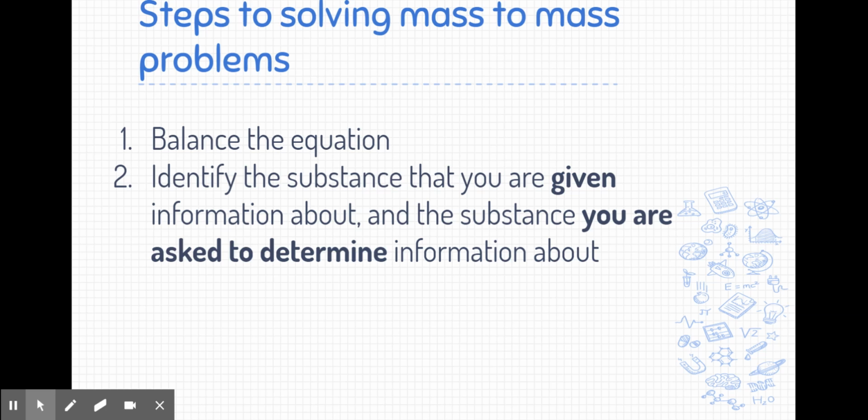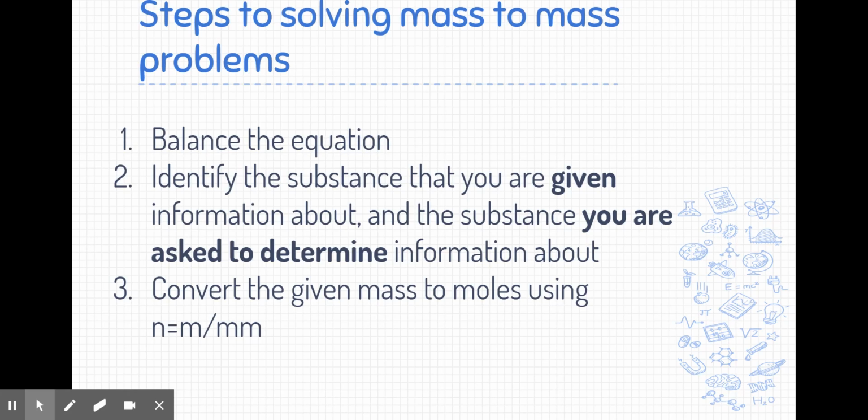I do that by writing that information directly below that chemical substance in the equation. Your next step is to convert the given mass to moles using the moles is equal to mass over molar mass equation. Remembering that the molar mass is a fixed quantity that you get from the periodic table.